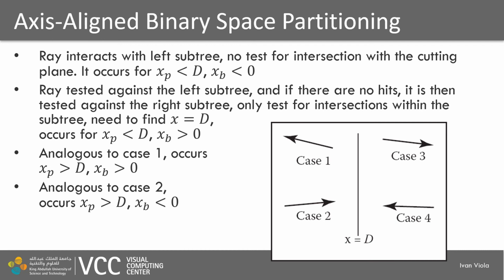So you can imagine that we first partition along one axis, then in the second level of partitioning we partition along another axis, and so on. But we will not be generating bounding boxes.